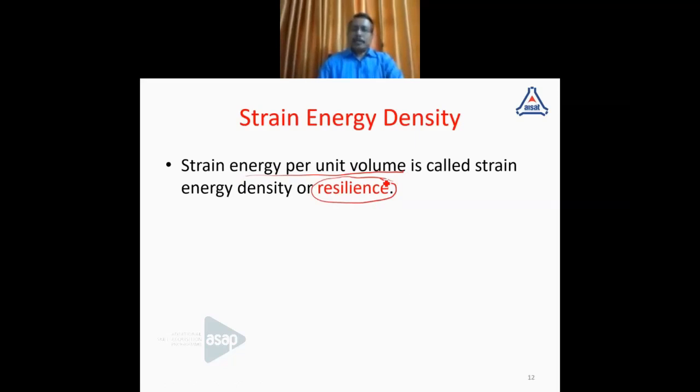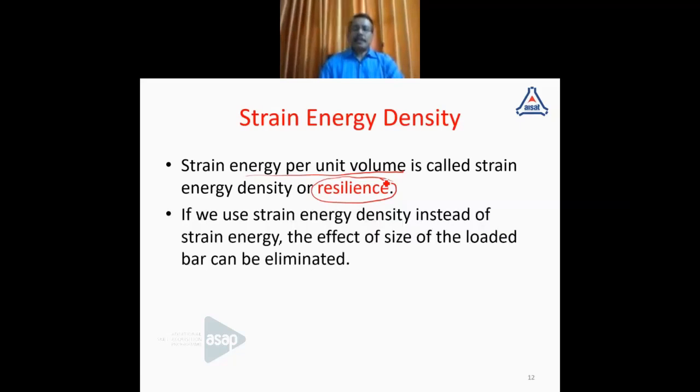Remember the basic definition of density; it is applicable in strain energy also: strain energy per unit volume. So when we are using strain energy density in a calculation, the effect of the size of the loaded bar can be eliminated.